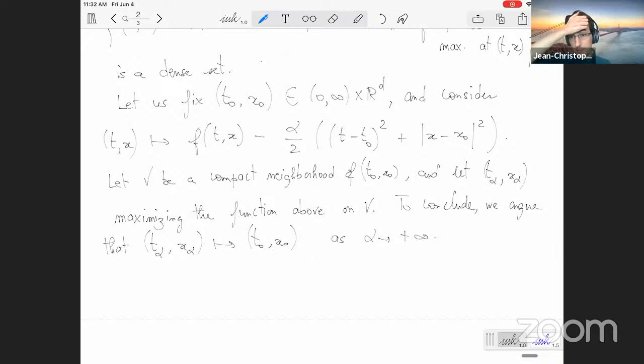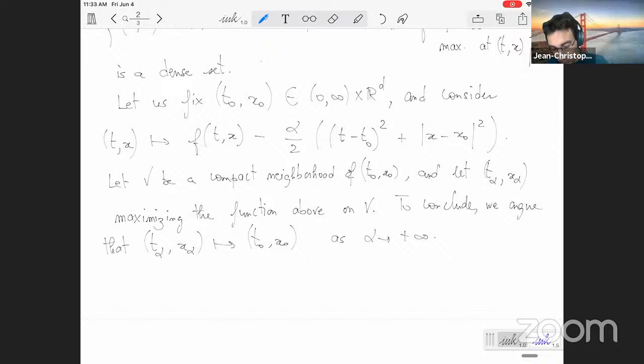And well, I think this is relatively clear because, maybe you can take a subsequence that converges to something, and you see that if it was not converging to T0 X0, then this term here would blow to minus infinity, which is implausible. The maximum of this function on V is at least f of T0 X0. Okay, so it does not go to minus infinity.